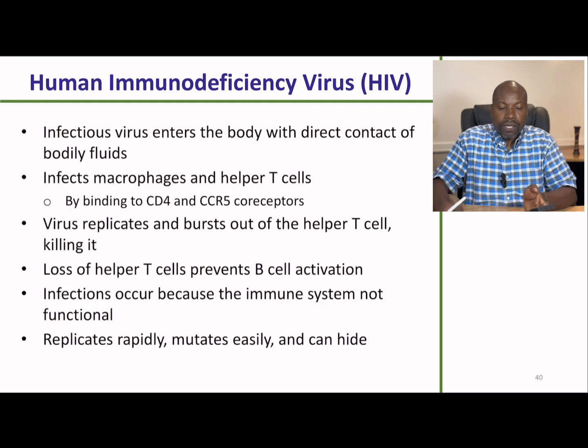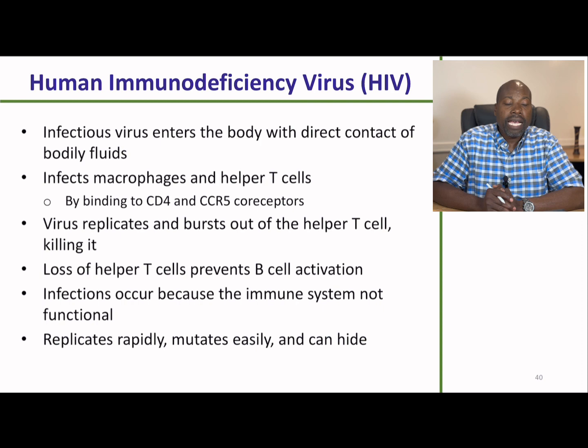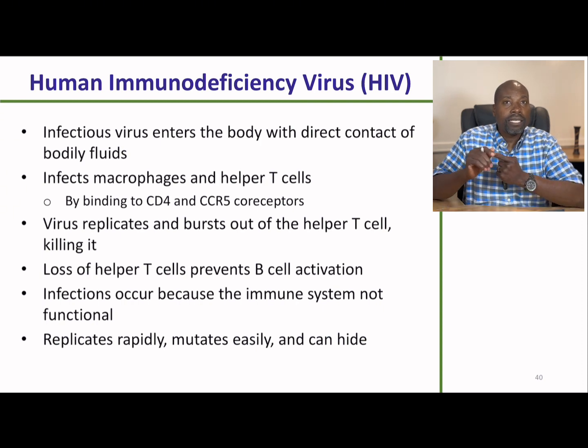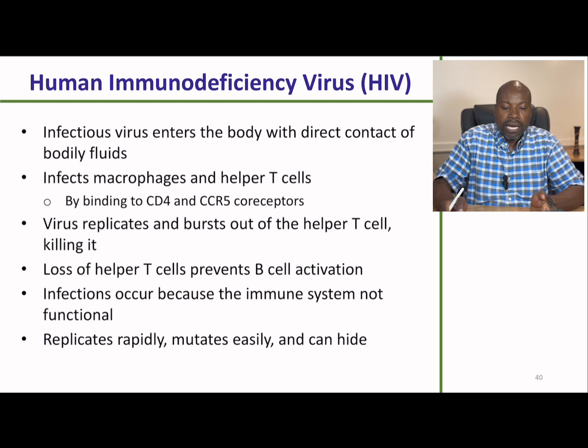diseases. Now, let's dive into HIV, the human immunodeficiency virus. How is HIV affecting our immune system? This is what we are going to address now. So, HIV occurs through direct contact.